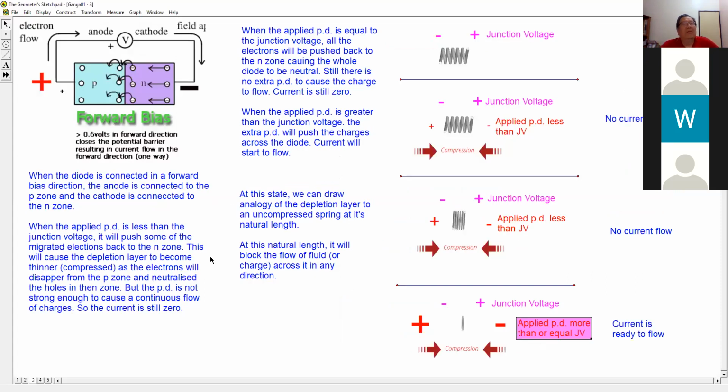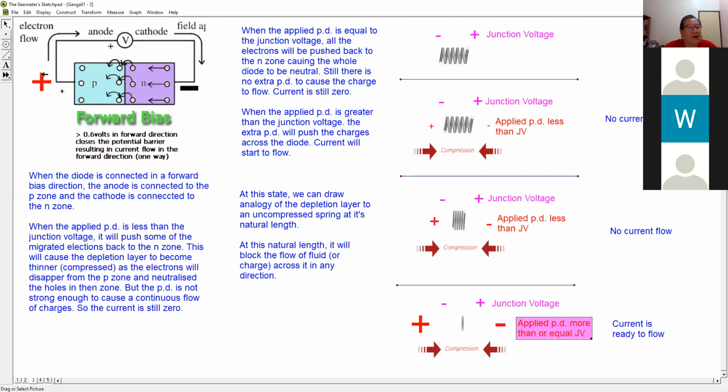Okay, now when the diode is in an unbiased state, that means when you have electrons move over to the other side and leave behind the holes here, now we are going to apply an external voltage to it. So this external voltage, you take note, this is the P side.